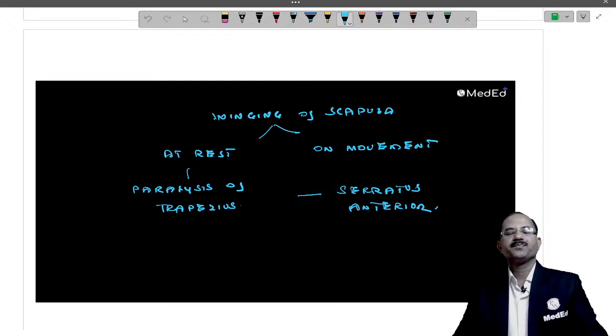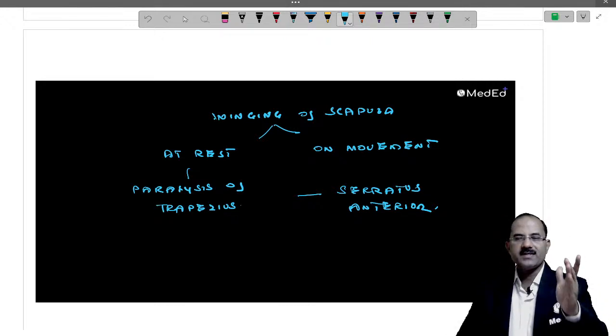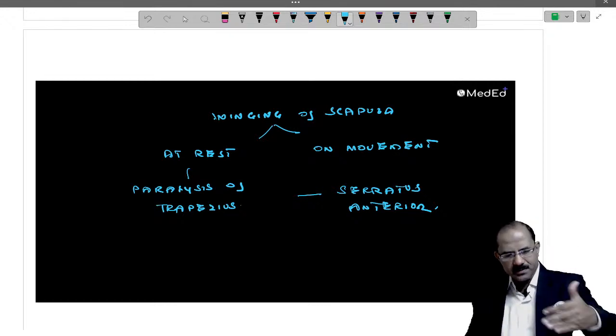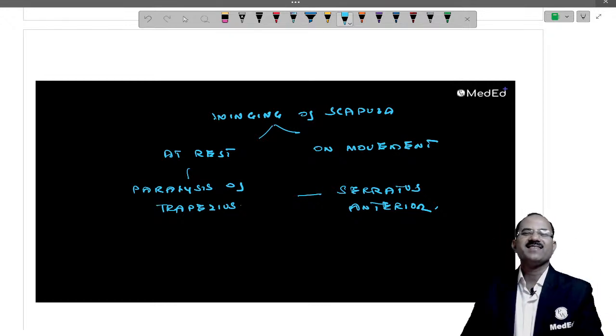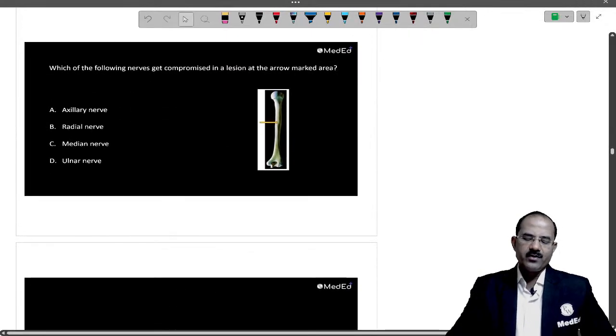Perfect, children. The winging of scapula at rest is due to paralysis of trapezius, and winging of scapula on attempting movement is due to paralysis of serratus. Excellent, very good.